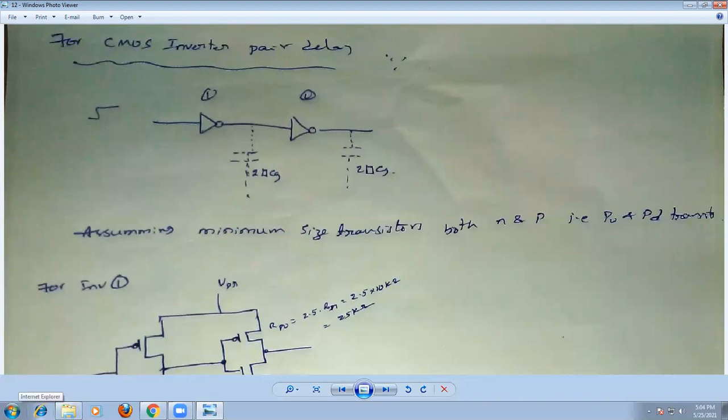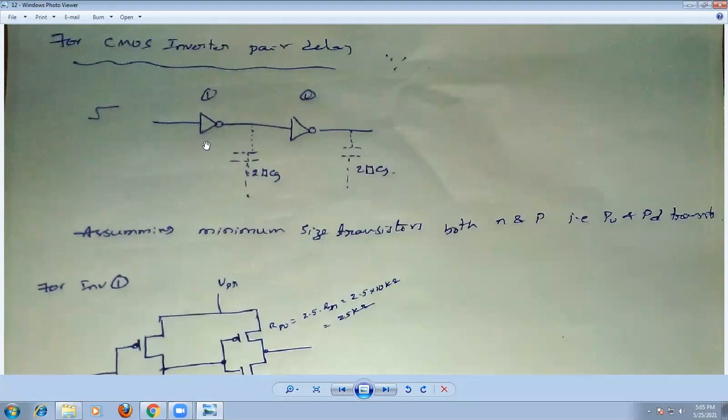The CMOS circuit has pull up and pull down transistors of the same size, a 1:1 and 1:1 ratio, so we are not going to represent the ratio here, because we are assuming minimum feature size transistors.